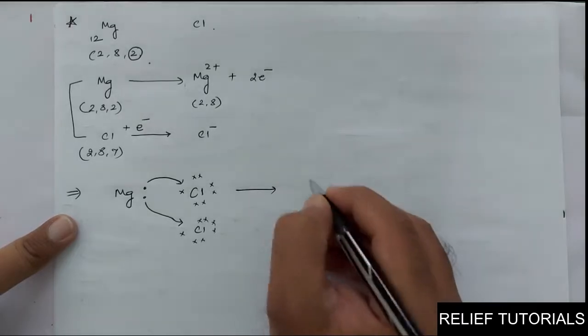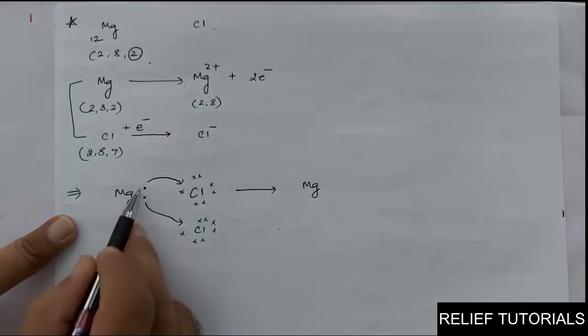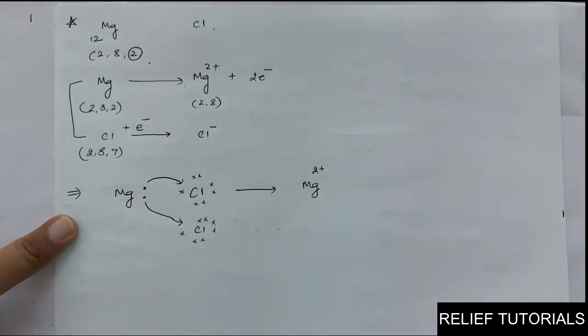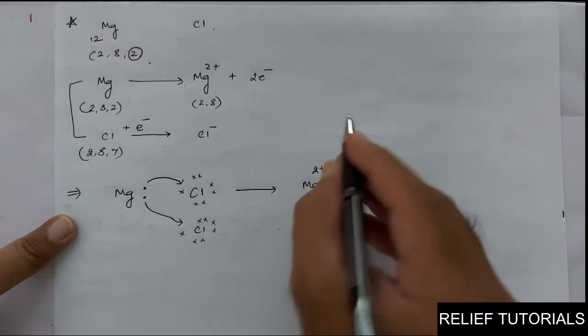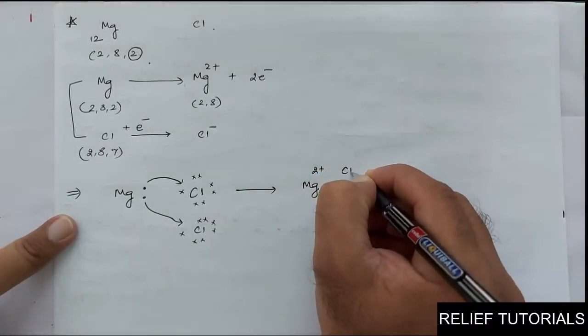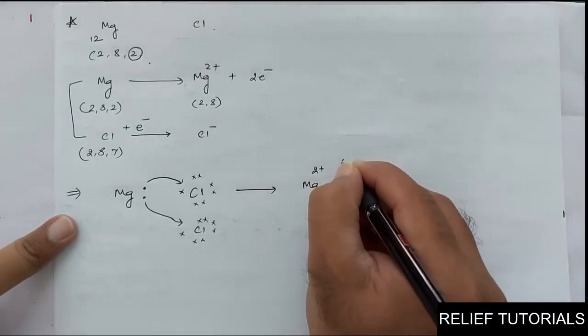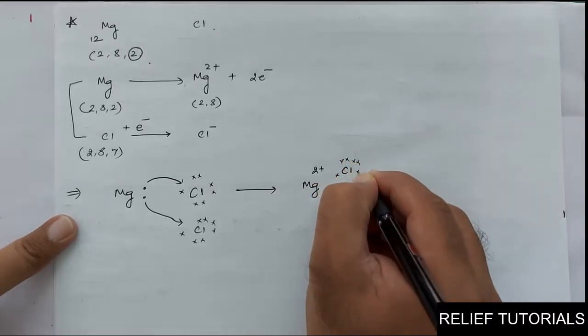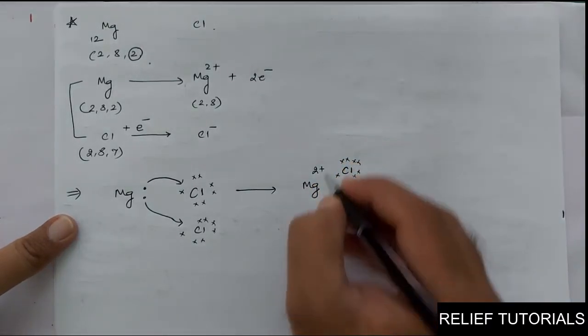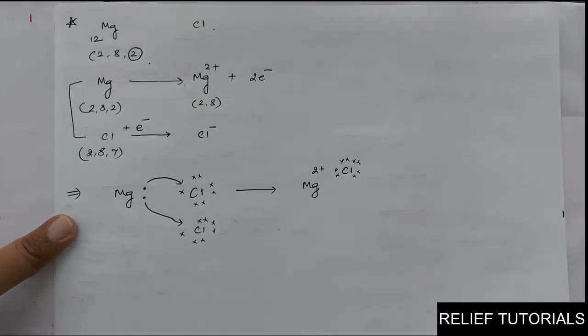So what would happen? Magnesium, after losing both electrons, forms 2 plus. Now what about this first chlorine? The first chlorine has gained 1 electron. It was having 1, 2, 3, 4, 5, 6, 7 electrons of its own, and 1 electron gained from magnesium.